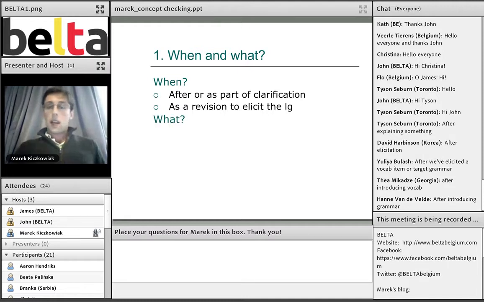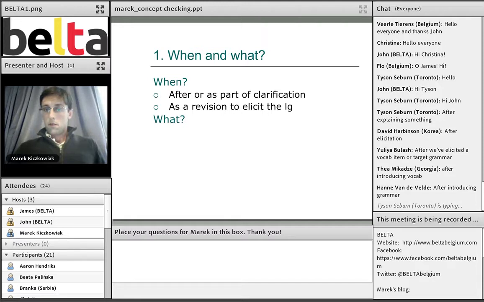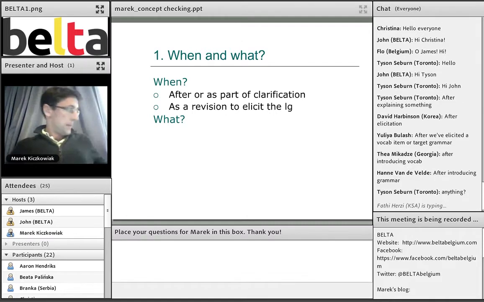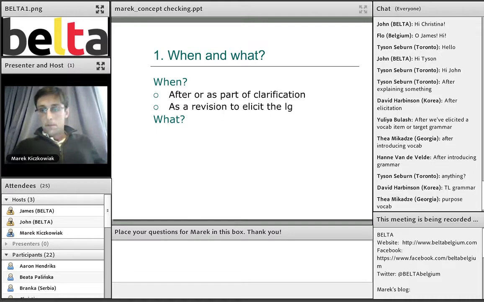And what kind of language do we usually concept check? Can you write some ideas, please, as well in the chat box? What type of language can we concept check? Target language, grammar, anything? Purpose, vocabulary?